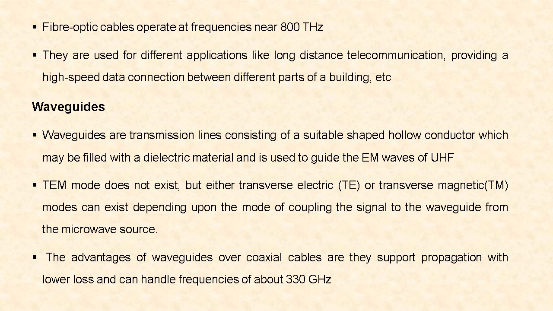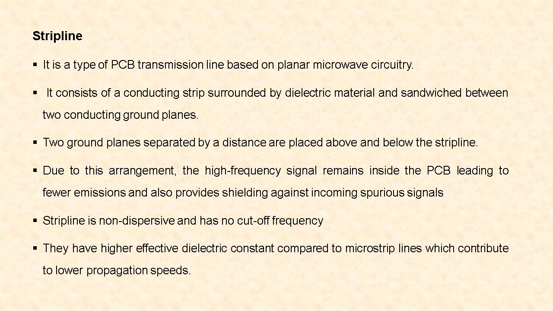In waveguides, transverse electromagnetic wave cannot be propagated, only transverse electric or transverse magnetic modes exist. The waveguides support propagation with lower loss and can handle frequencies of about 330 GHz, which is much higher than coaxial cables.